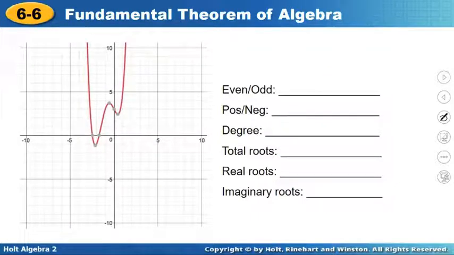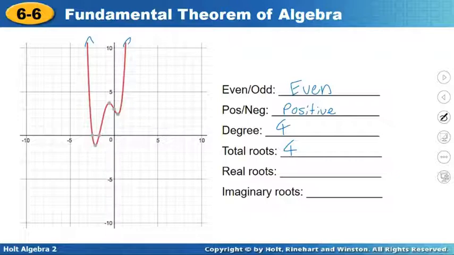All right, so even or odd. This one's even because both of them are going the same direction. It's positive because they're going upwards. Degree. The degree is 4, just based on the number of curves it has. The total roots would also have to be 4. Again, those are always the same. Real roots.